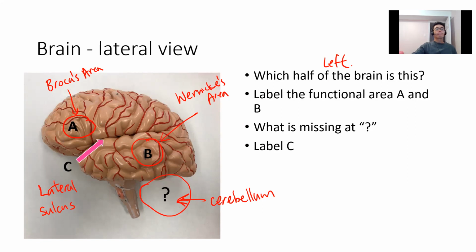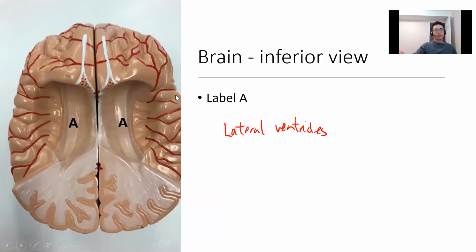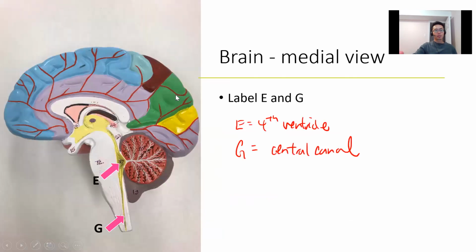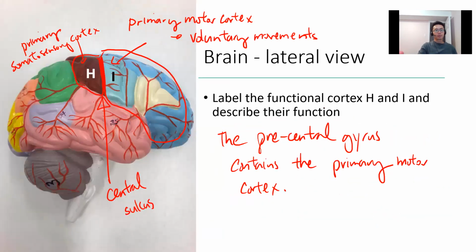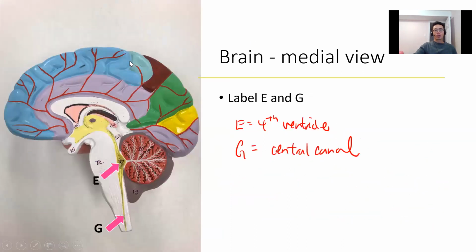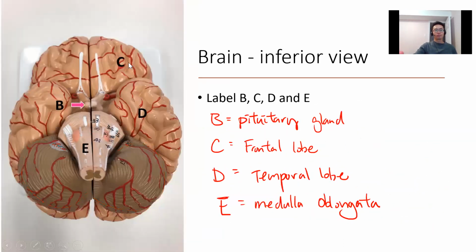So the central sulcus would be right at the top. This model does not have a central sulcus, but if I were to visualize where it is, probably somewhere like here. The other one has a nice central sulcus like this one. This one you can see clearly separates the lobe. Like on the actual brain, you would actually see a groove.